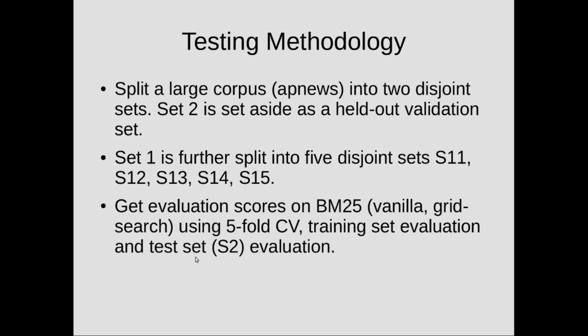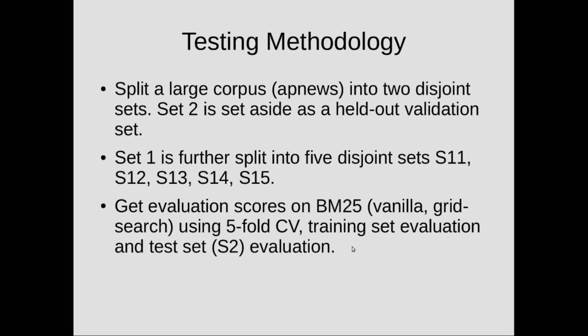And finally there is the test set evaluation, which is to try to rank documents from the held out set S2 while only using quantities computed from the 5 disjoint sets S11 to S15.